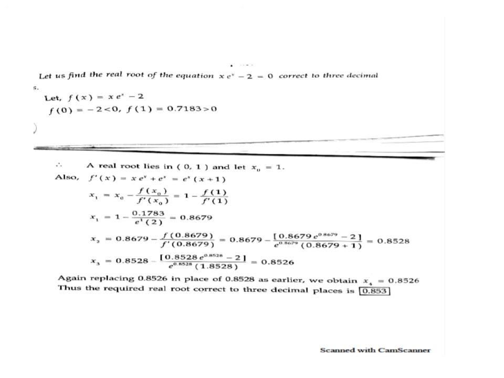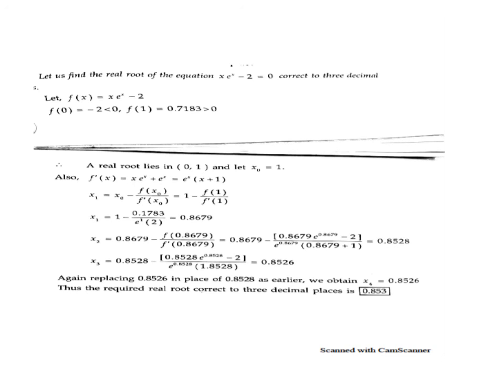So when comparing x3 and x2, we say the values up to 3 decimal places are 0.852 and the values correct up to 4 decimals are 0.8526. So hence we say the required approximate real root correct to 3 decimal places is 0.853.